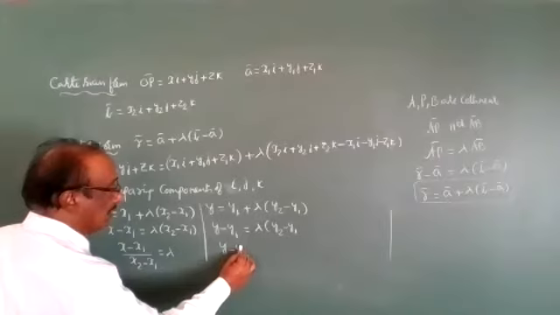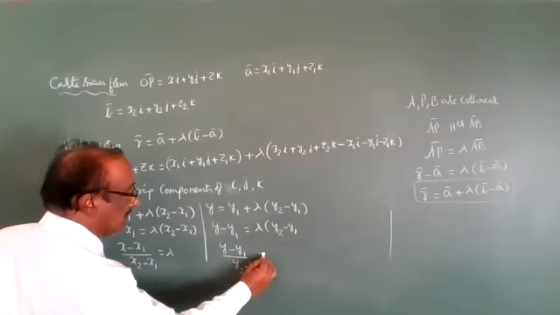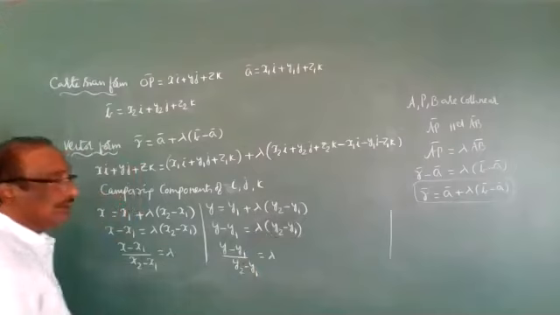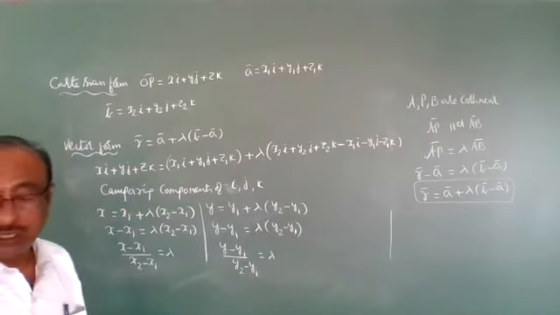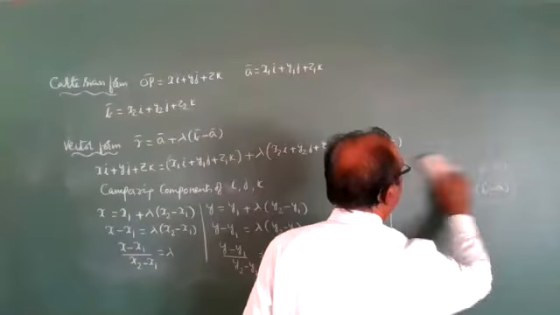Thus y minus y1 by y2 minus y1 is equal to lambda. Last, compare the k components.